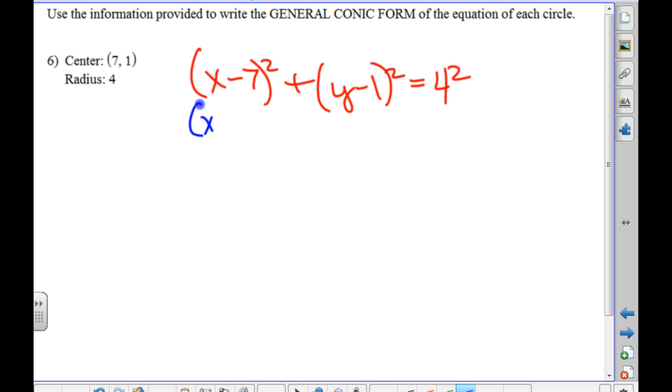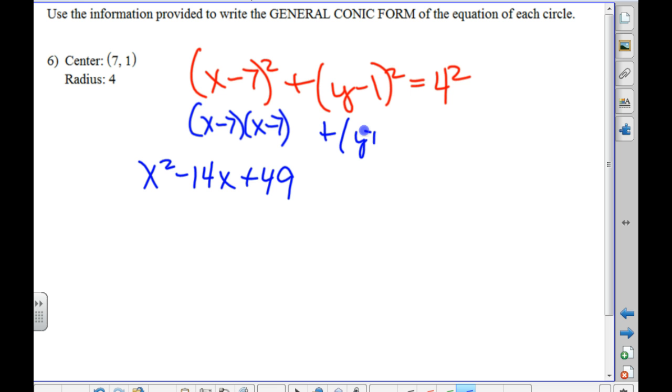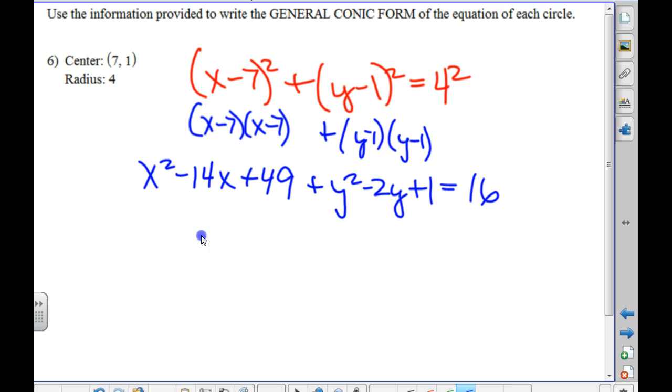If I do x minus 7 times x minus 7, what will I get? X squared minus 14x plus 49. Okay? And y minus 1 times y minus 1? Plus y squared minus 2y plus 1 is equal to 16. Okay. The actual form is usually this.